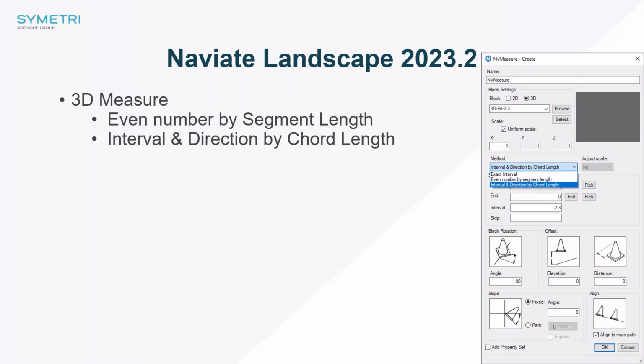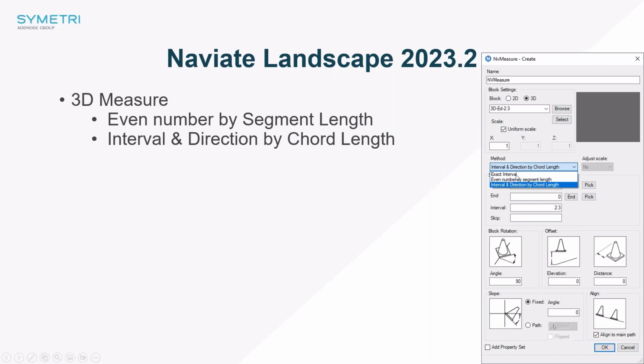Over to Naviate Landscape. Looking into 3D measure, we have done some changes to that one. For instance, we added the possibility to scale objects differently in X, Y, and Z. We also added two new methods.